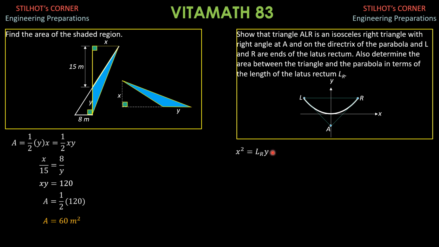So x squared equals latus rectum times y. This is the standard equation of a parabola that is open upward. This is Vitamath 83, so it is assumed that you are already through with calculus or you are an engineering graduate. So it's no longer a problem. If you do not know this, then you have to recall or search that this is the standard equation of a parabola that is open upward.